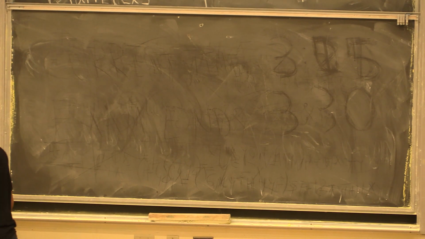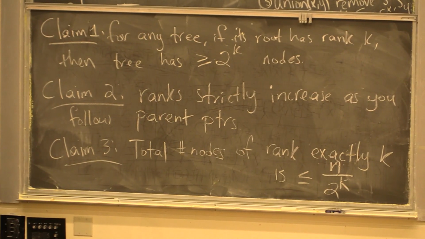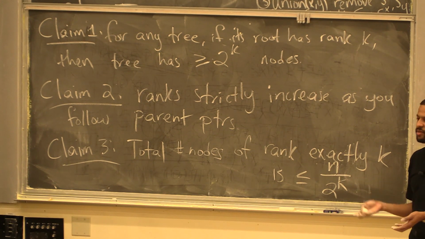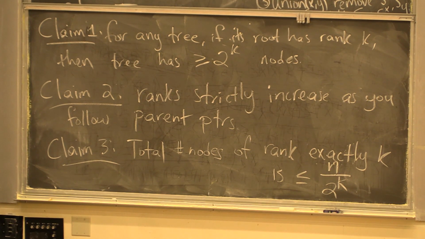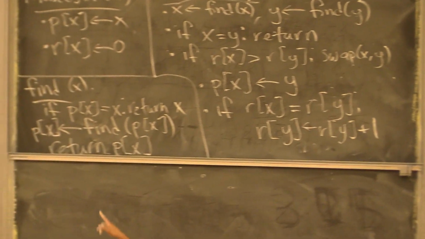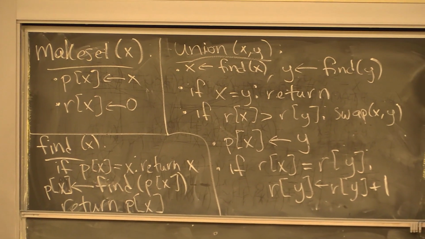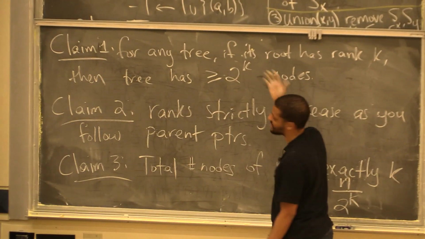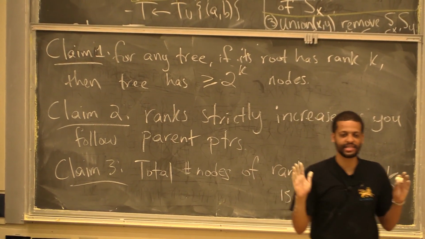Or actually, let's go back to the first one. For the first one, what I can say is, if your root has rank k, it became rank k. Where did it become rank k? The only time that the rank goes up is here. If you look at this code, this is the only place where rank changes. Or when you make set, the rank gets set to 0. So when he became rank k, he had some size, whatever that size is.